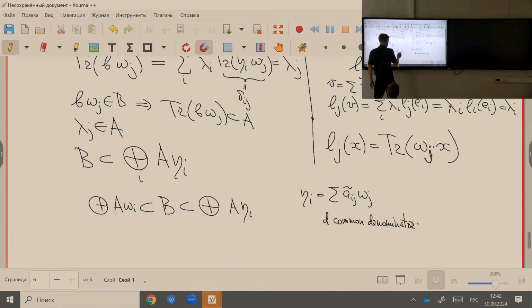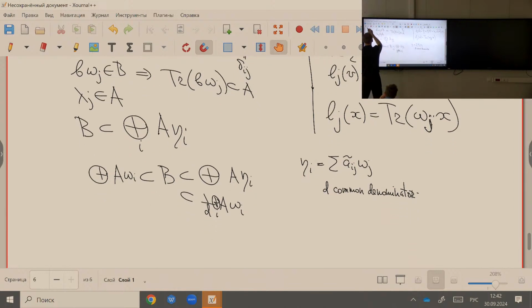And so this means that B is contained in 1 over d, A omega i. So B sits between two things: B contains A to the power n, and B sits in 1 over d, A to the power n. So this is finally a finitely generated module.